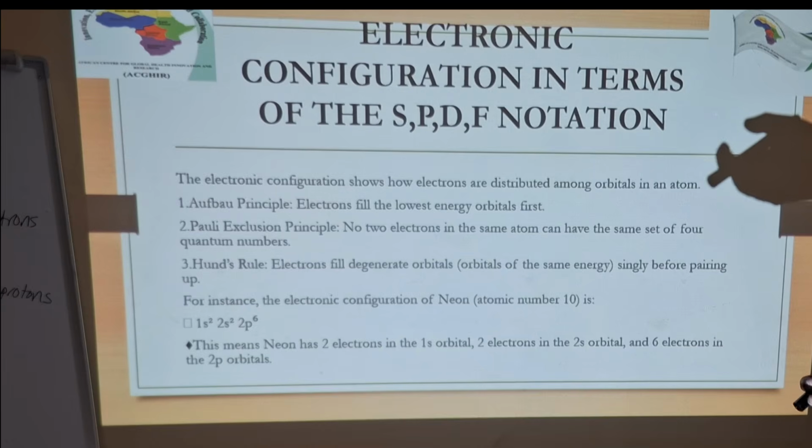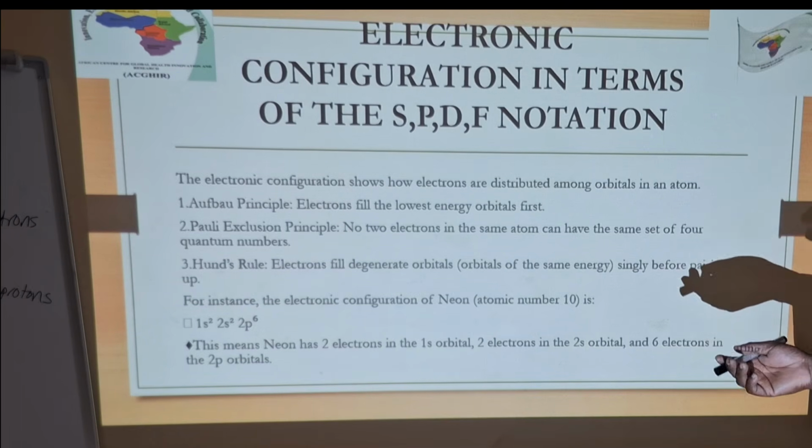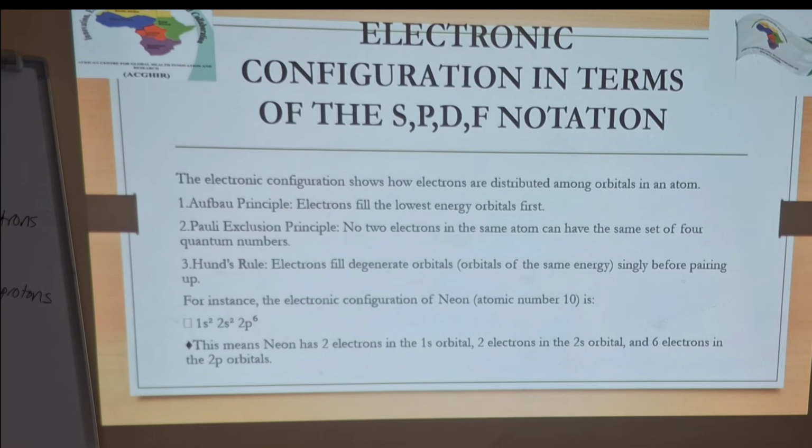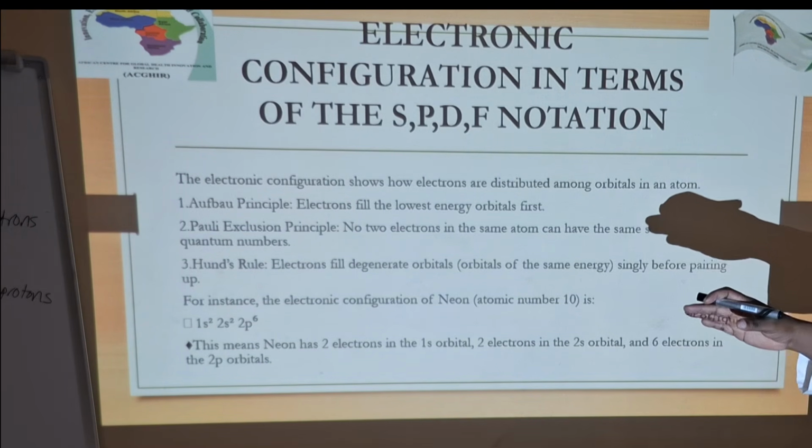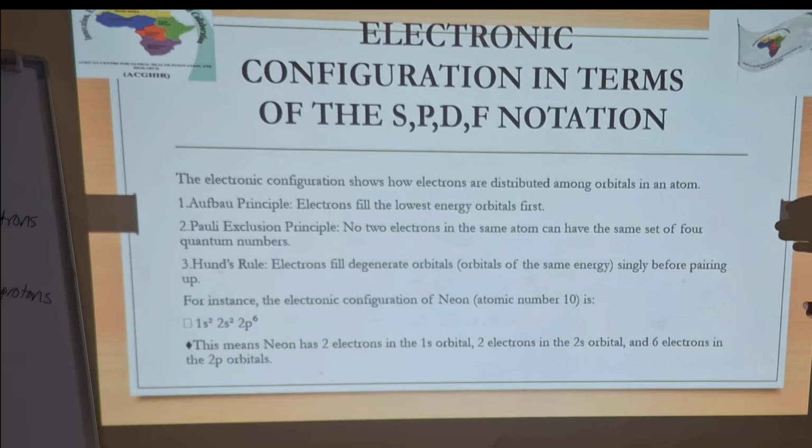For instance, the electronic configuration of neon, atomic number 10, is 1s2, 2s2, 2p6. This means neon has 2 electrons in the 1s orbital, 2 electrons in the 2s orbital, and 6 electrons in the 2p orbitals.